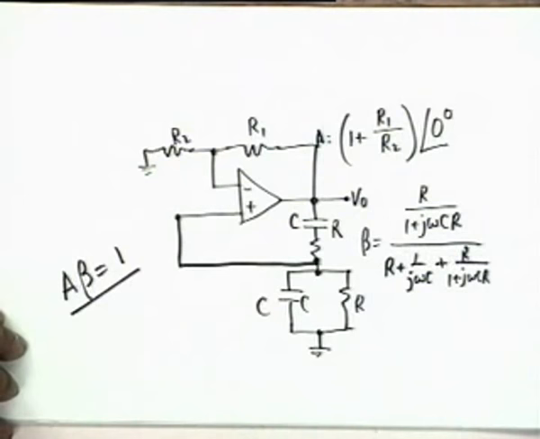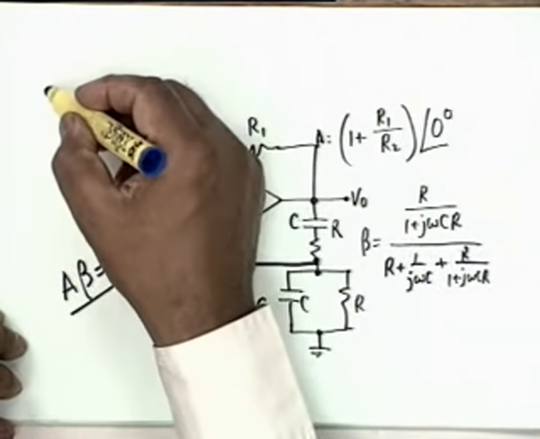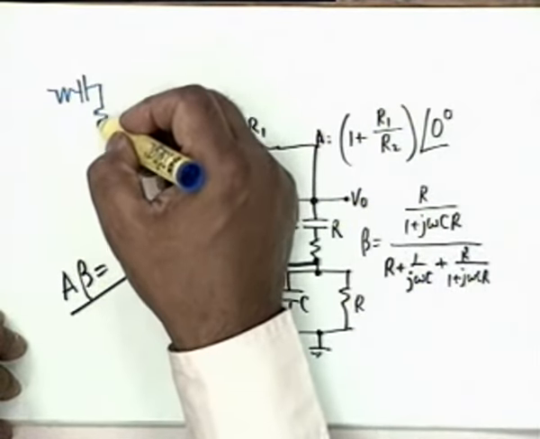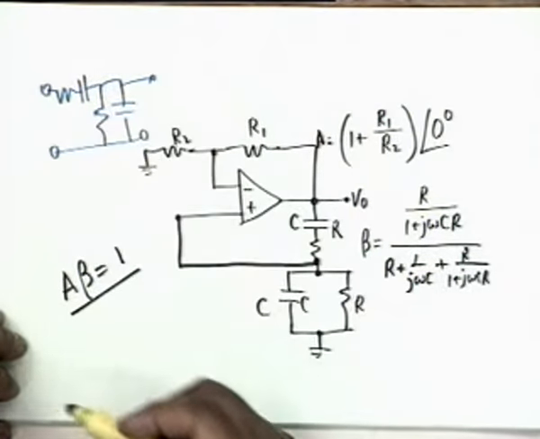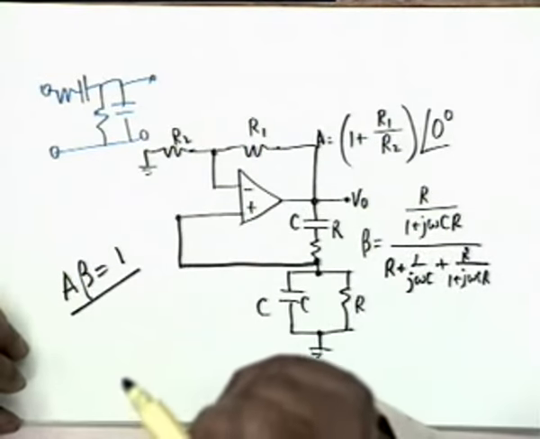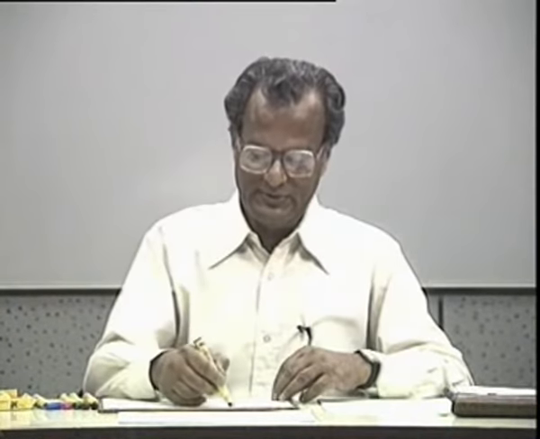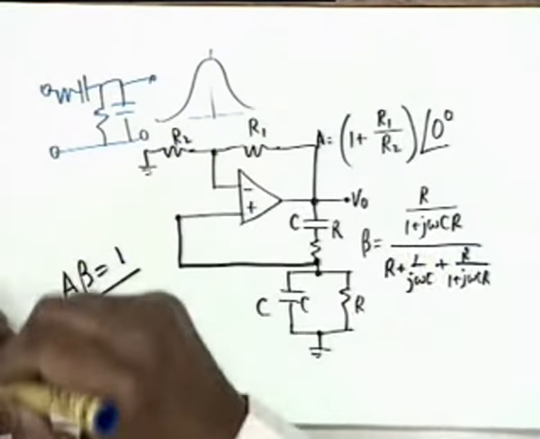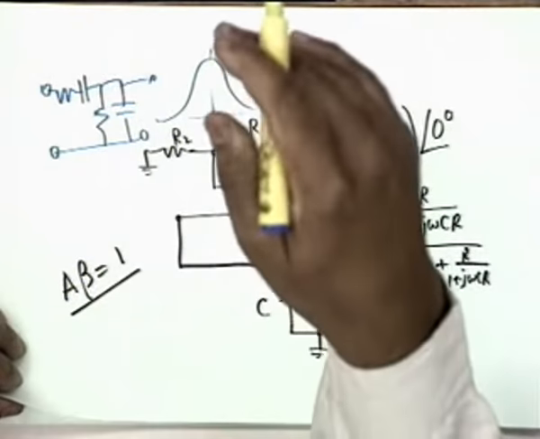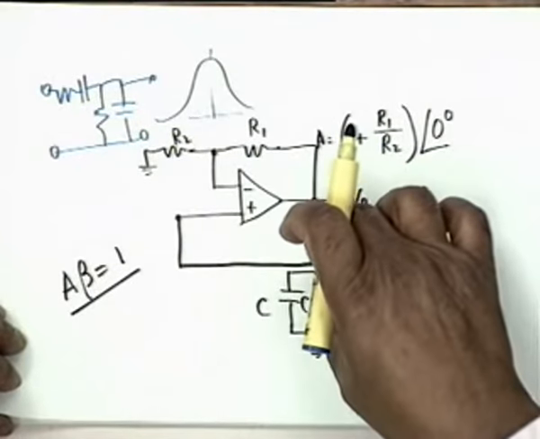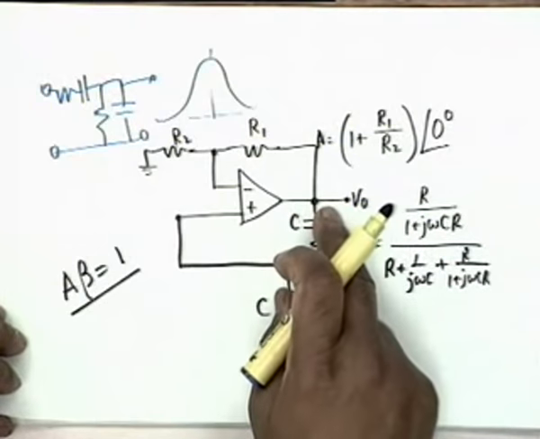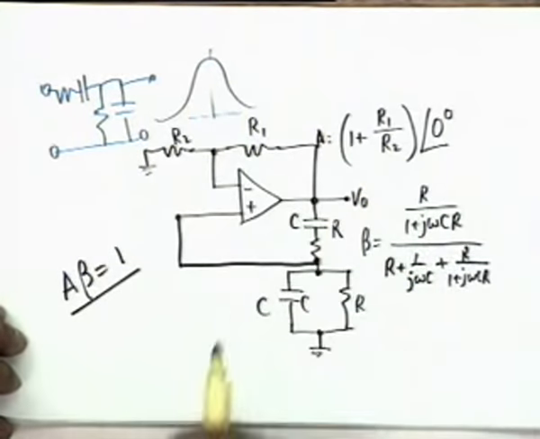As I had indicated last time, this RC circuit is a band pass filter which has maximum response at omega 0 equal to 1 by RC, and at the maximum response the phase shift is 0, and therefore this is an appropriate network for selecting the frequency of this oscillator.